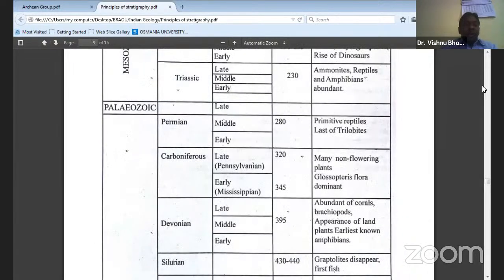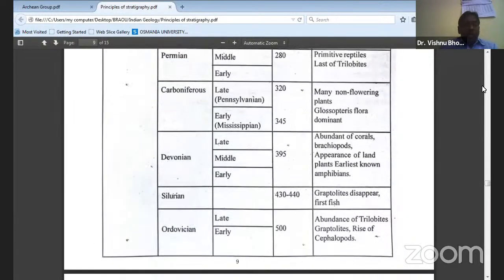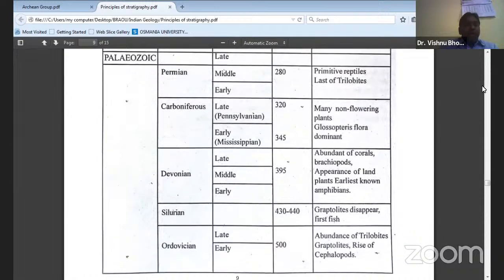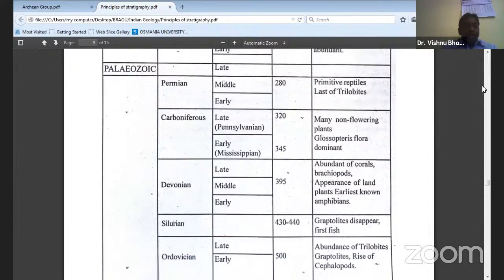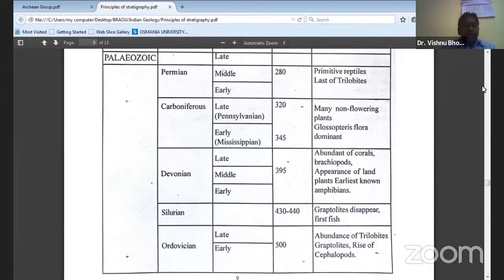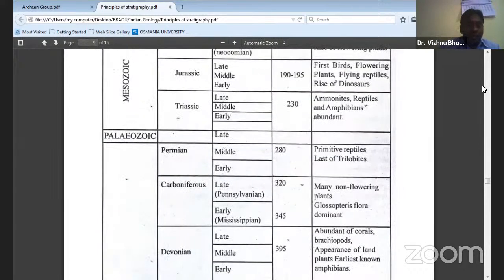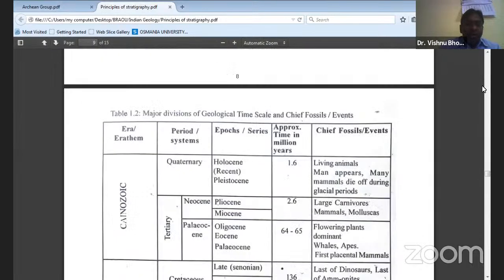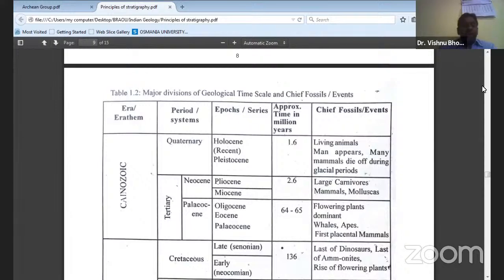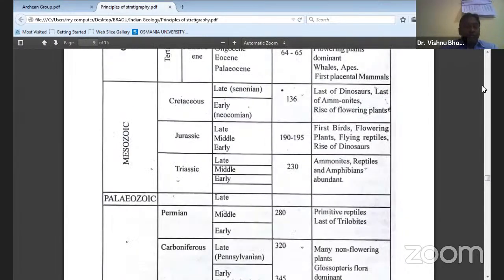Later on, the Paleozoic means old age. The Paleozoic is divided again into six categories or periods, which we also call systems.